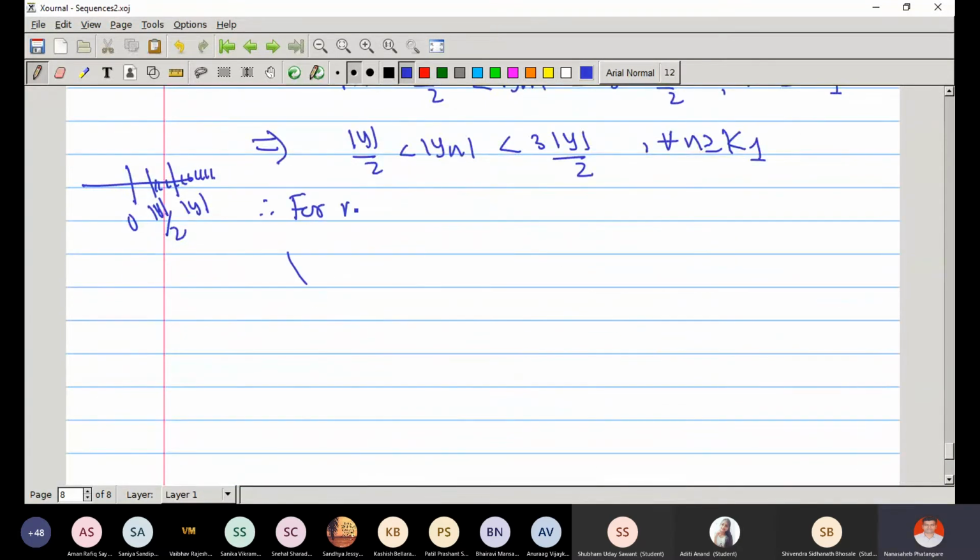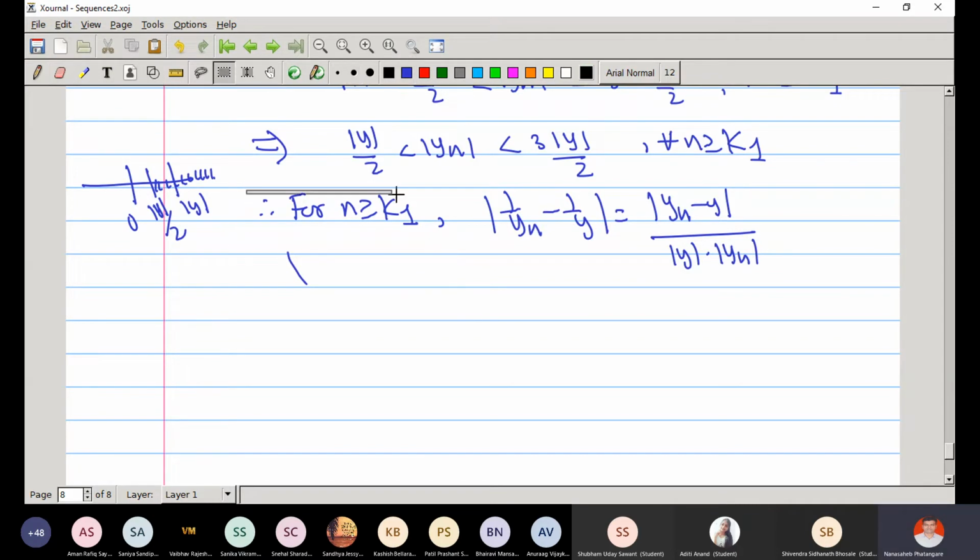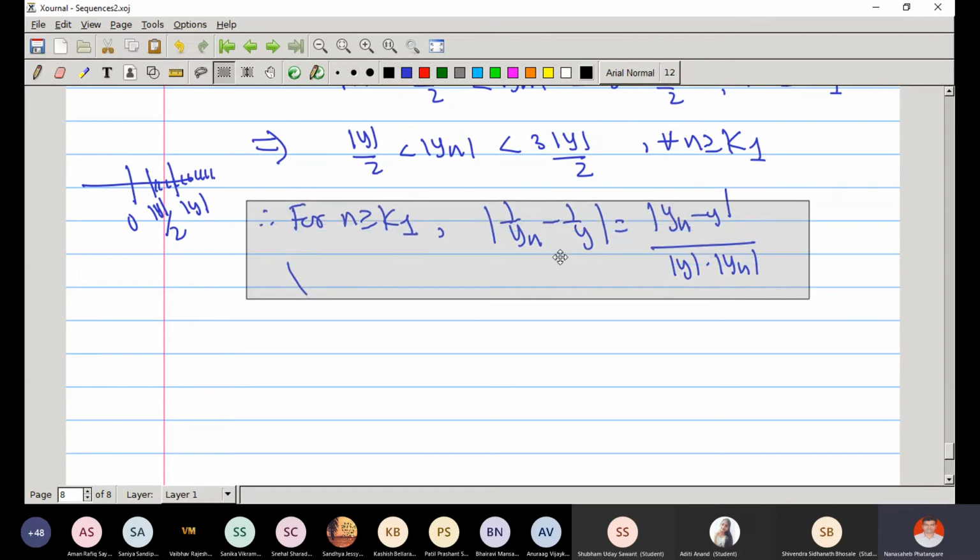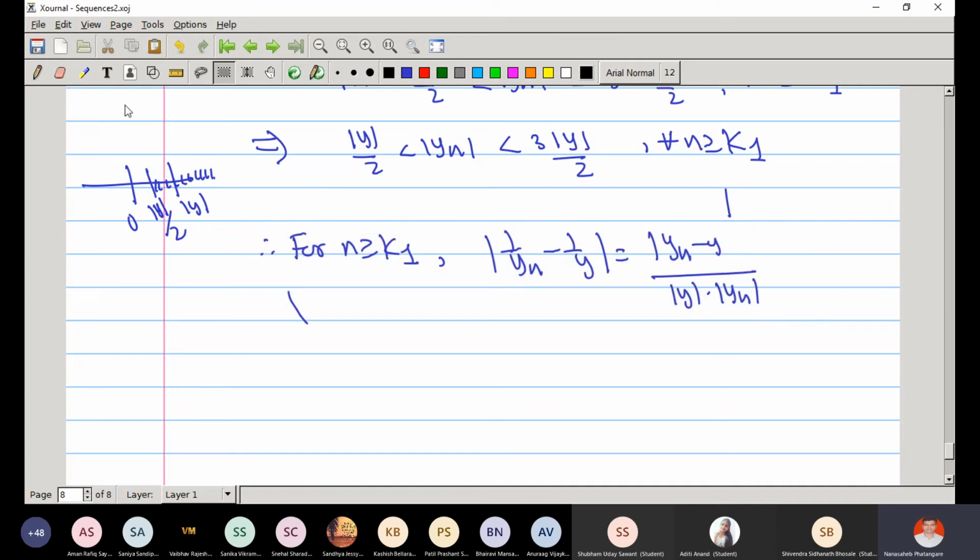Okay, what next? Therefore, for n greater equal k1, 1 upon yn minus 1 by y, which is yn minus y upon what? Right? And from this, I should add one more step here.